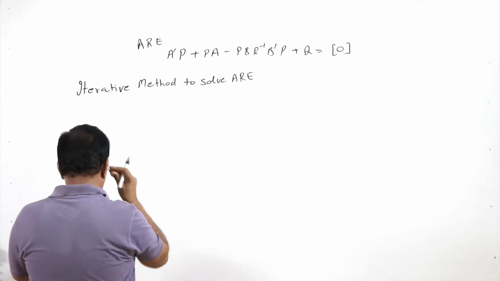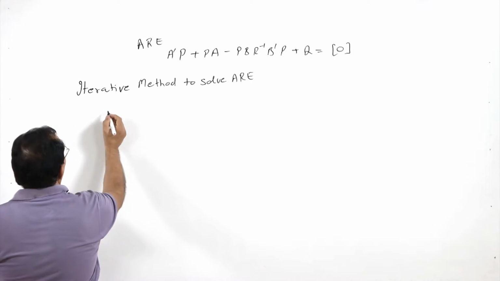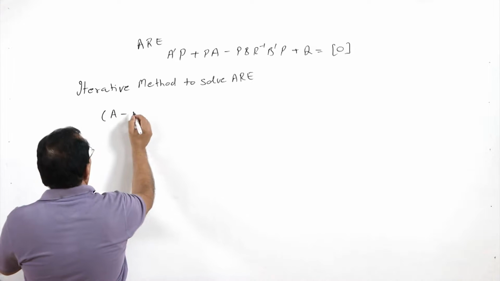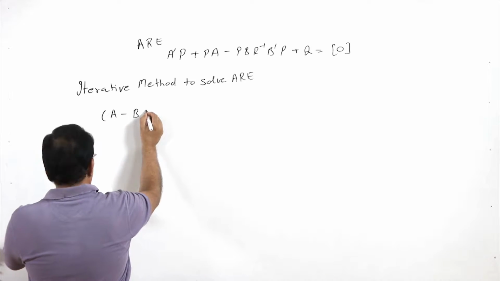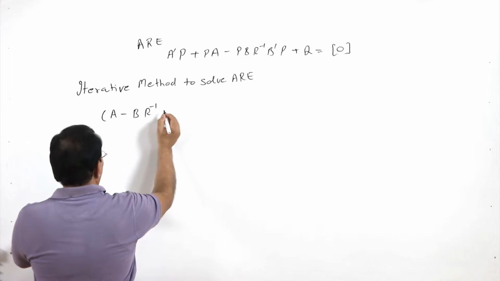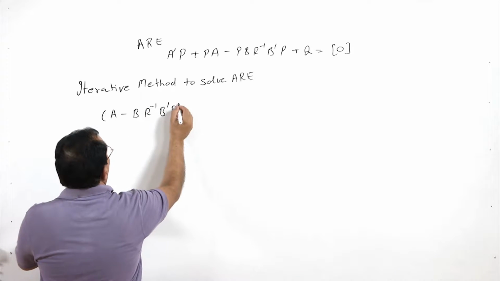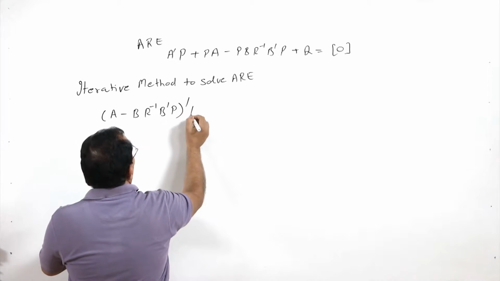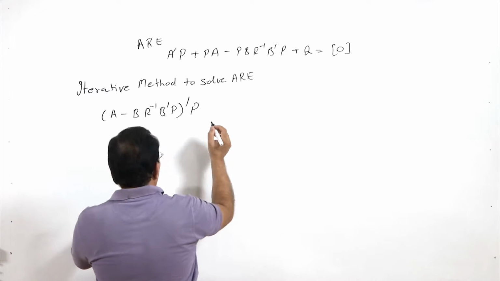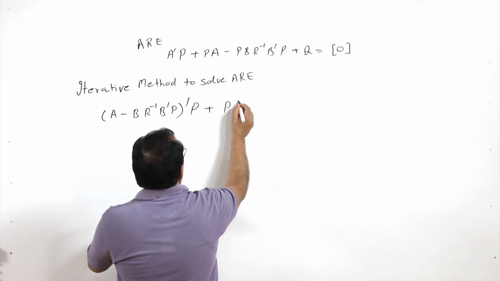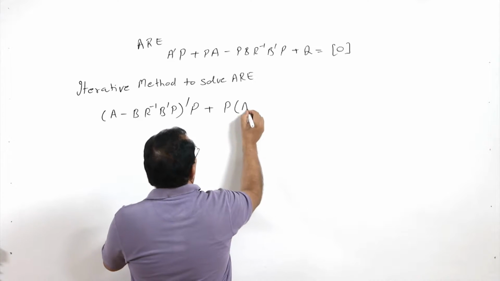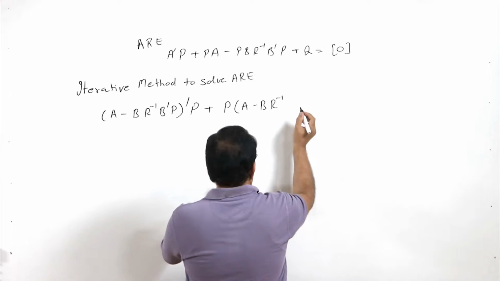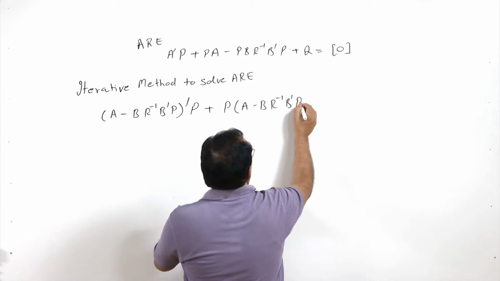If you recall, this A transpose P, we can write in the form A minus B R inverse B prime P transpose P plus P A minus B R inverse B transpose P.